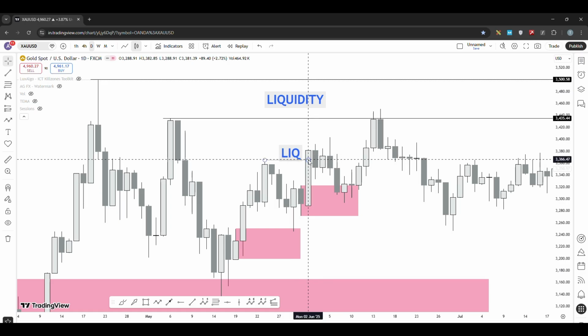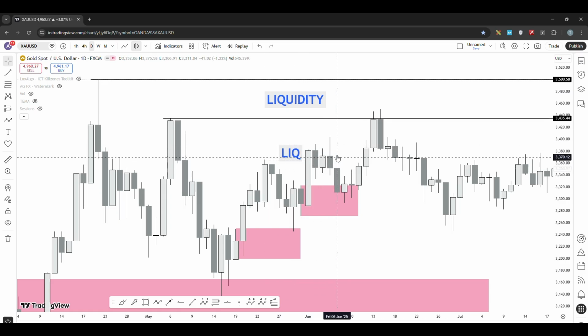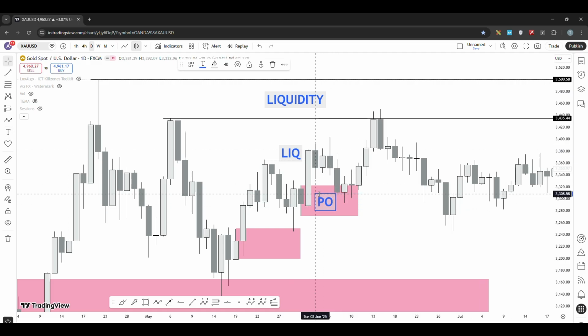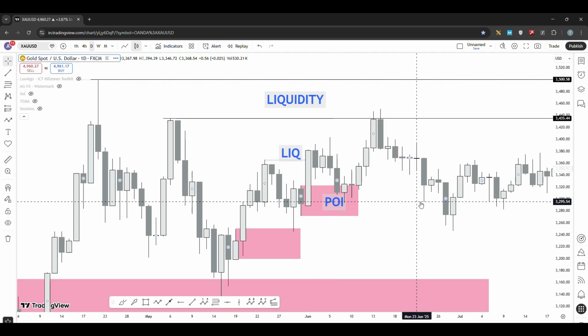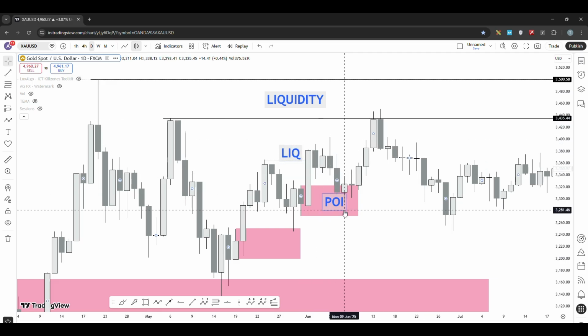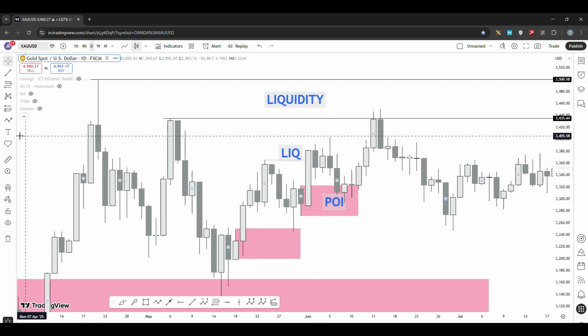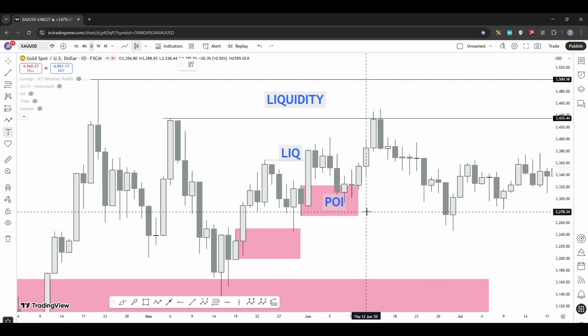Now we're talking about this after market took out this liquidity, market dropped to a POI, right? Now this is against the trend. Our trend is on the upside, but this is a counter trend move, right? So this is the direction between a liquidity to POI, and this is called reversal bias.